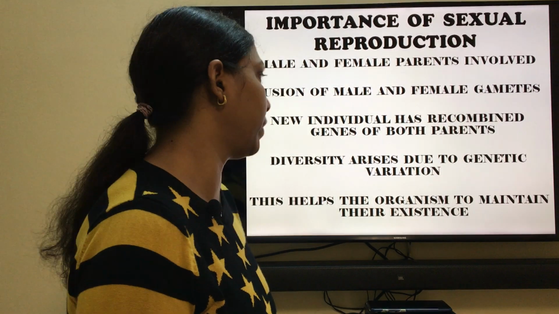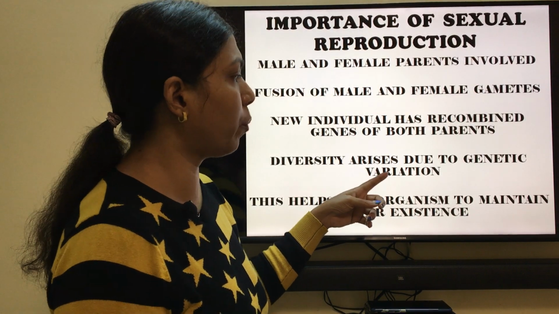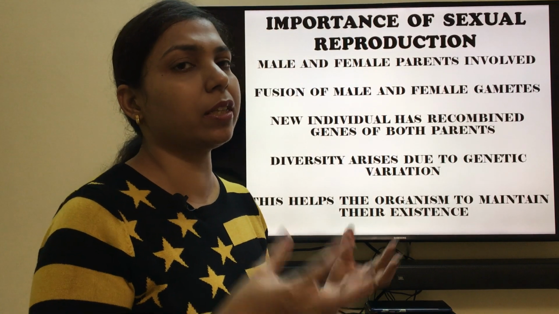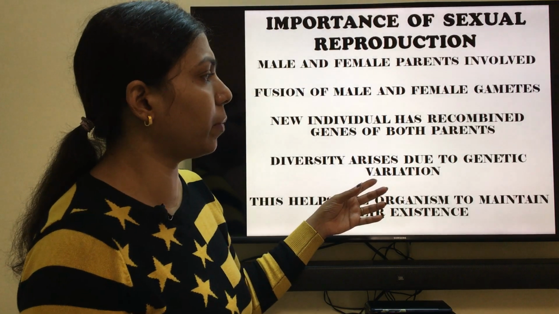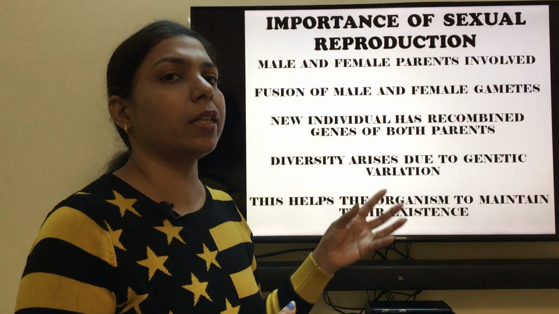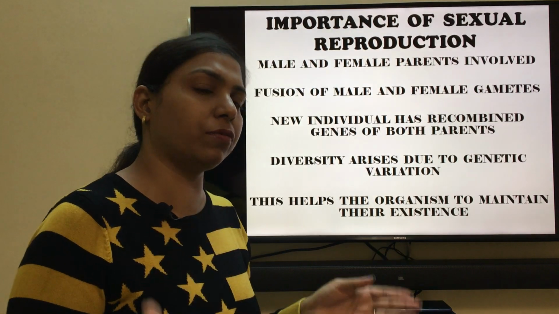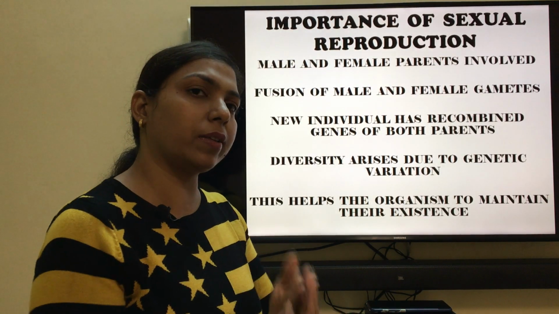Diversity arises due to genetic variation. Because the new individual which is getting formed receives genes from the male and the female gametes, from the male and the female parents, the chromosomes now present in the new individual are very much different compared to what is present in the mother and in the father.